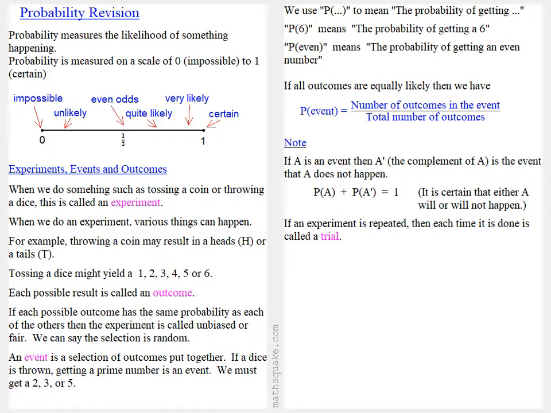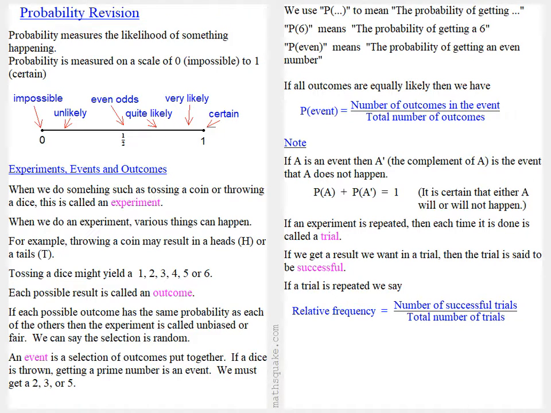Now, if an experiment is repeated, then each time it's done, it's called a trial. If we get a result that we want in a trial, then the trial is said to be successful. Now, if a trial is repeated, we say the relative frequency of an event is the number of successful trials over the total number of trials.